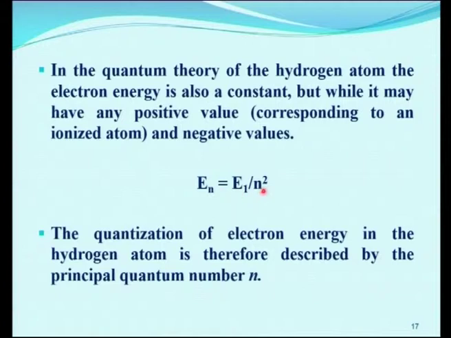Based on this equation we say energies are quantized. If n is equal to 1, then E 1; n is equal to 2, E 1 by 4; n is equal to 3, E 1 by 9. So we get discrete values of energies. This quantization of electron energy in the hydrogen atom is therefore described by the principal quantum number n.